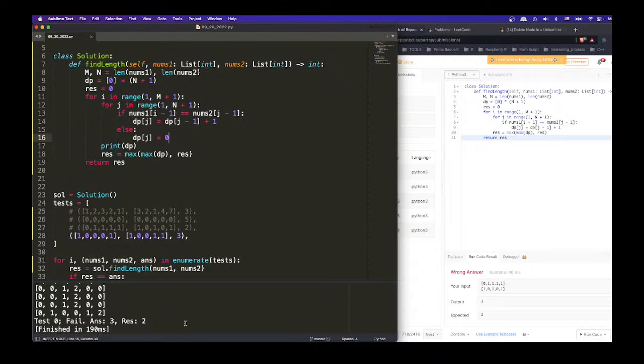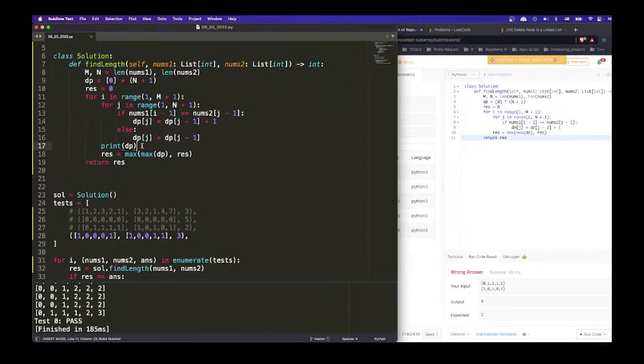If they're the same, right? Then we do the previous plus 1. If they're not the same, so up until this point, what's the longest? Well, if they're not the same, then I would say just dpj minus 1.